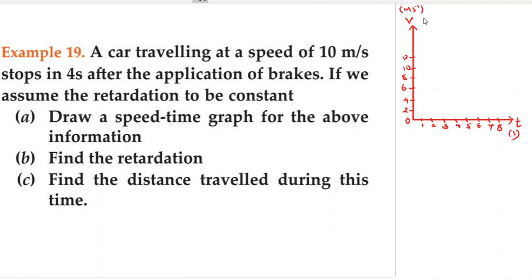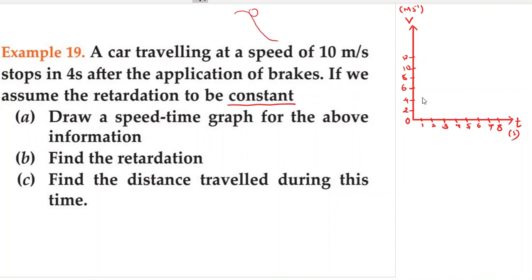Correct? Okay. So a car traveling at a speed of 10 meter per second stops in 4 seconds after the application of brakes. So if we assume the retardation to be constant, see if the retardation is constant, then here the speed time graph will be a straight line, right? And it will be like somebody is rolling down from a slide.